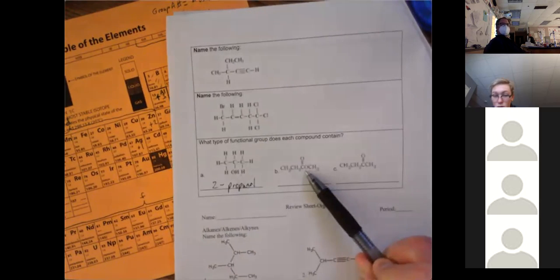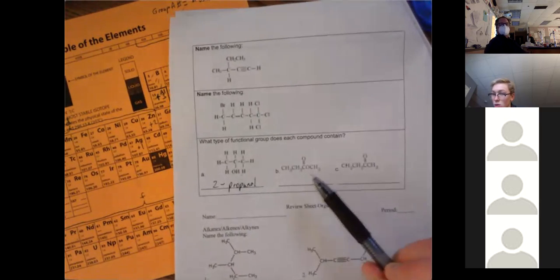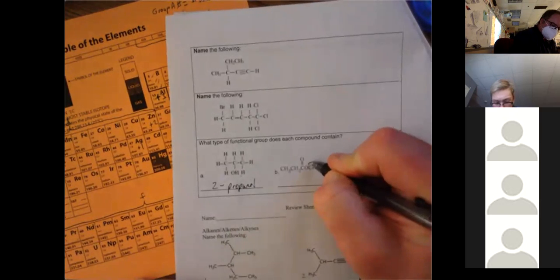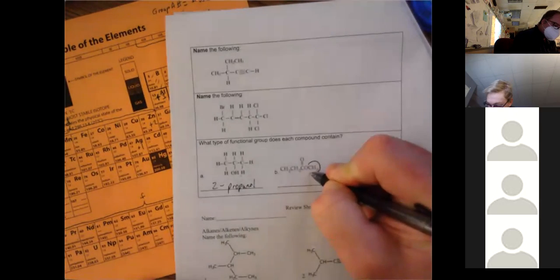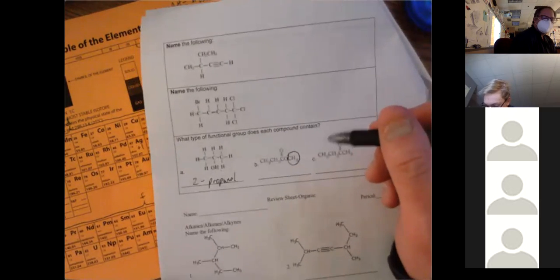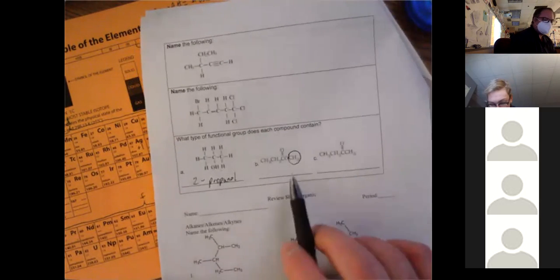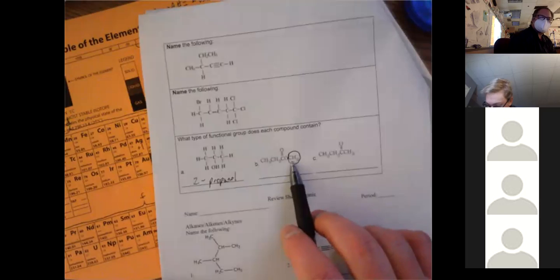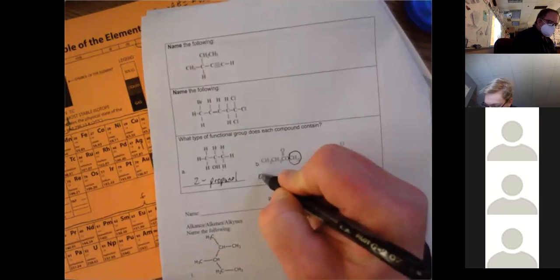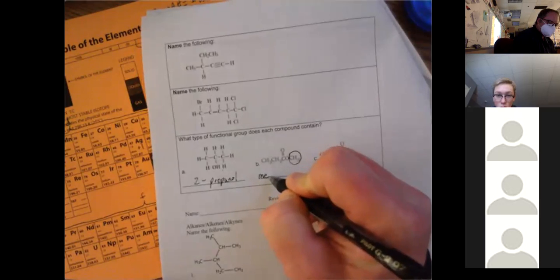What is this guy? Is that an ester? Well, that is an ester. Good call. How do we name esters? Don't you do like the -oate thingy-majig? We do the -oate thingamajig. So we take a look at this, and what is this group coming off the O? Methyl.